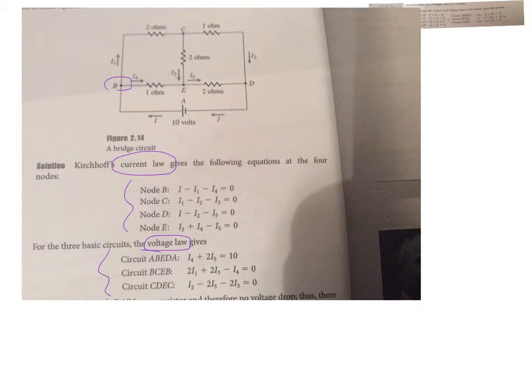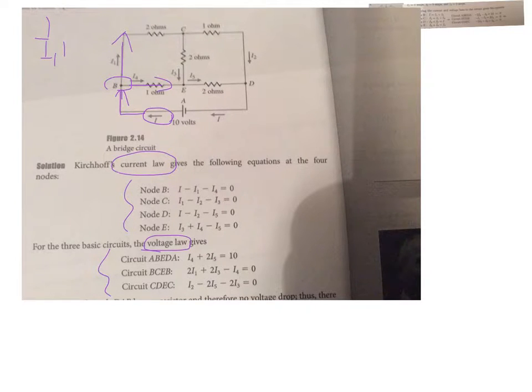So in the case of B, for instance, we've got this current I that's going to travel up and around the corner and up to B. When it gets to B, it splits off in two directions. It goes off this way and it goes off this way. And what we know from Kirchhoff's law is that the amount of current coming in has to equal the amount going out.